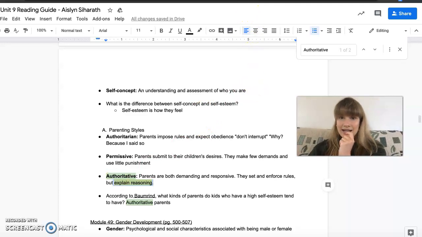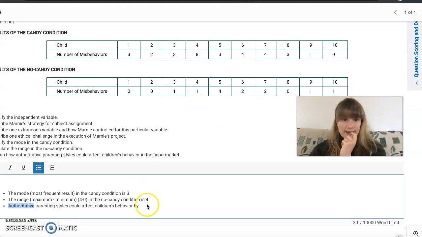And how am I going to get this across in my response? Okay, I think I'm actually going to reword this. I'm going to say, how could authoritative parenting styles affect children's behavior in the supermarket?